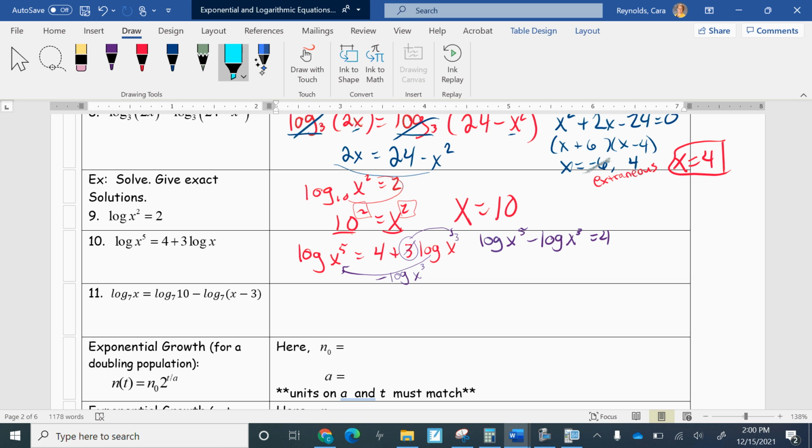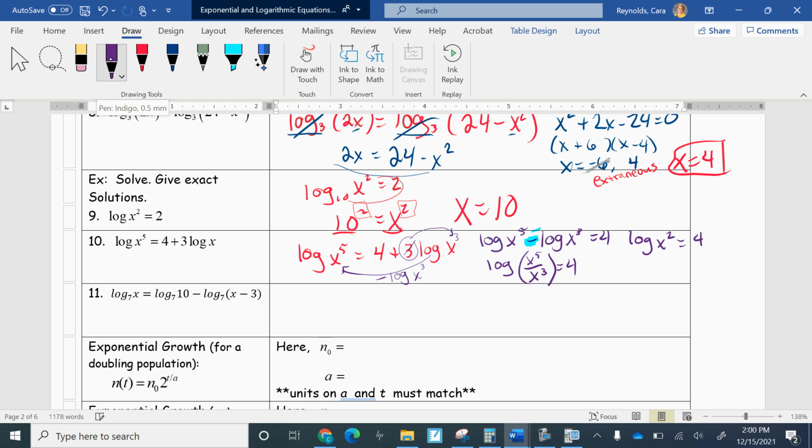Well, subtraction converts using your property into a division problem, and this gets rewritten as the log of x to the fifth over x to the third is equal to 4. X to the fifth over x to the third will simplify into log of x squared equals 4.